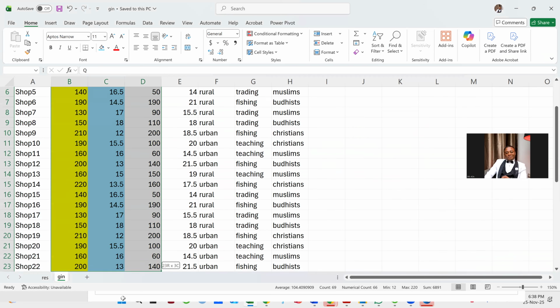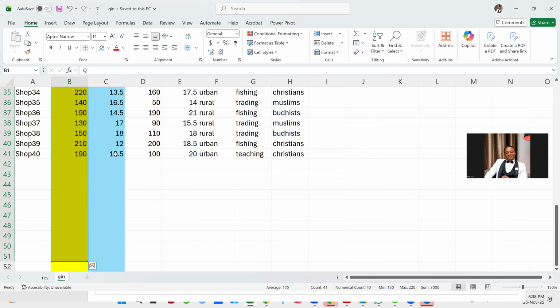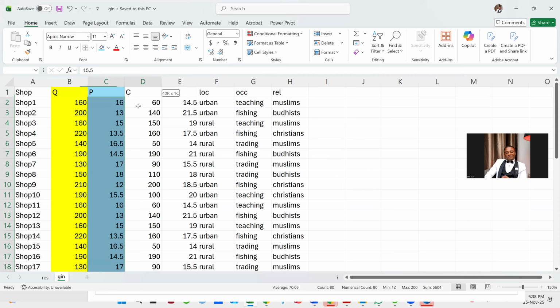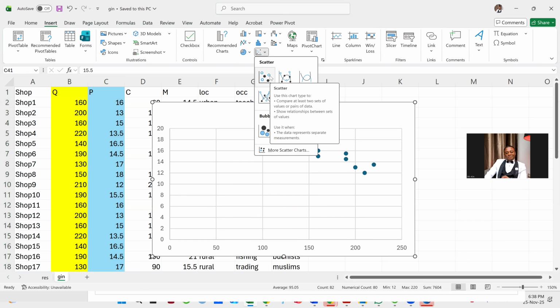You can just highlight the Q and this. You highlight them. Then under Insert, you will see scatter plot. You will click on scatter plot and scatter plot the data.